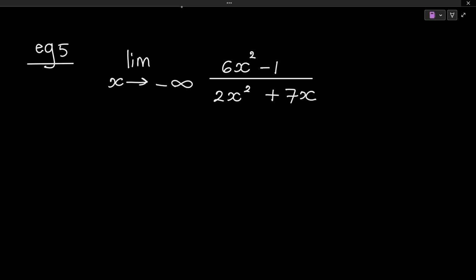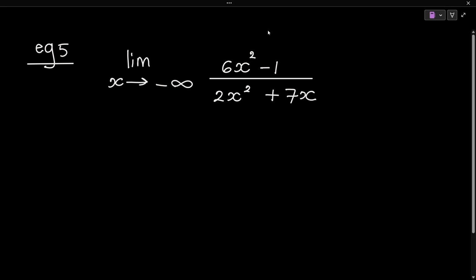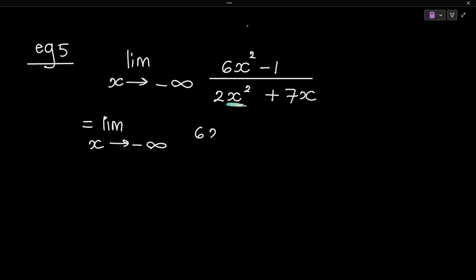So your first step is to identify the term that has x to the highest power from the denominator, which in this case is x to the power 2. And part of the first step is for us to divide throughout by that highest power of x.